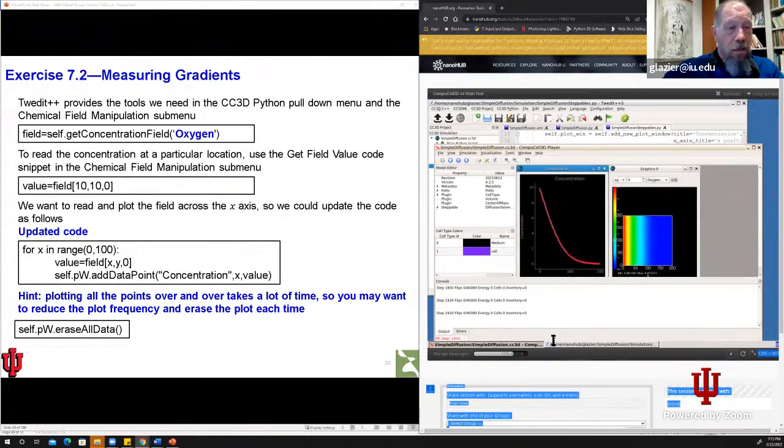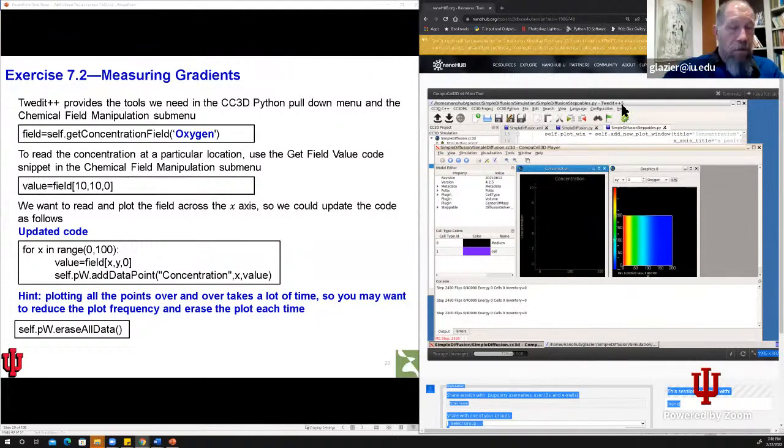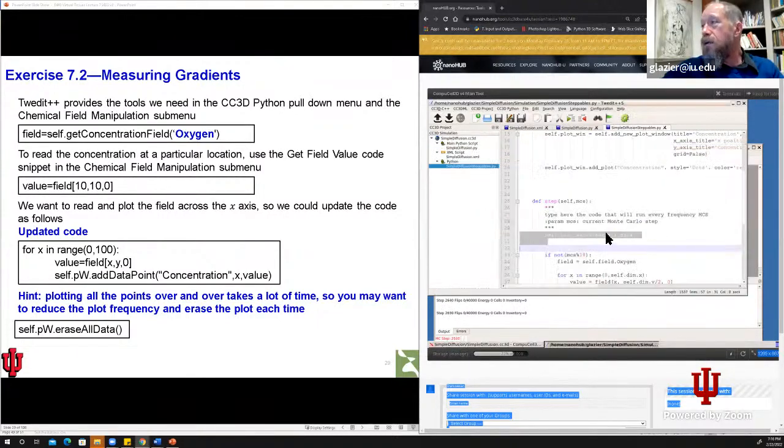Isn't it blinking because you put it on every MCS? Maybe? Did I do the delete outside of, oh yeah, sorry. My mistake. Thank you.